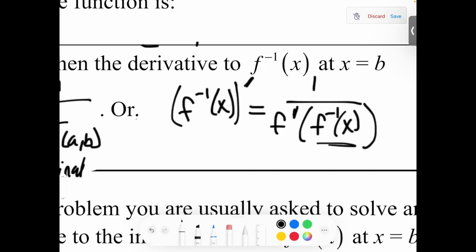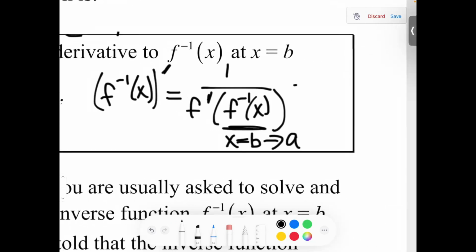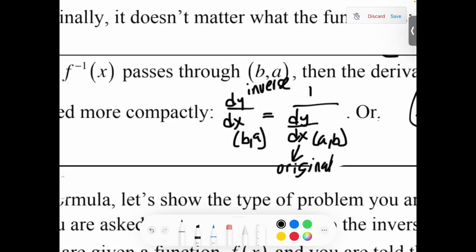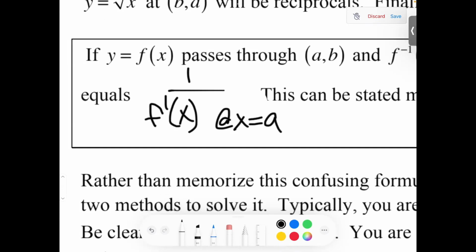What this f inverse of x is going to do is take our b value, input x equals b, and yield this value of a back out. So we could rewrite this as 1 over f prime of a, x equals a, which is very similar to the definition that we wrote right here, 1 over f prime of x at x equals a.